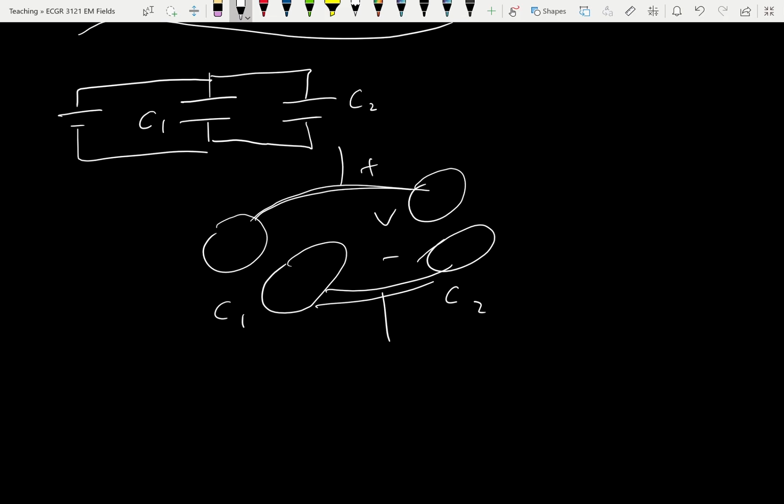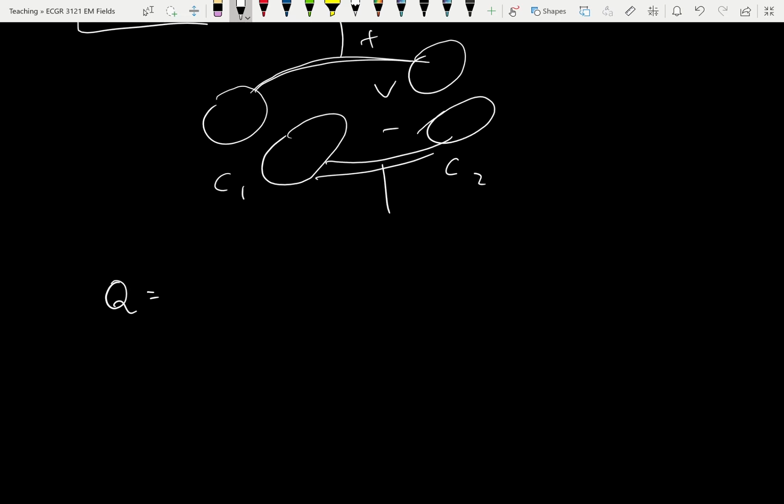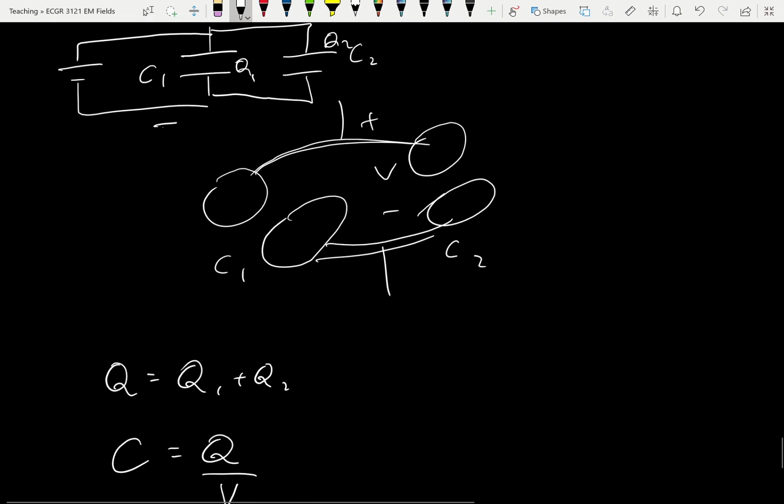The key is the charge. So this will have a Q1 and this will have Q2. The total charge is just the summation of both charges. So the equivalent capacitance is just the total charge over V. V is the same. When you have a parallel connection, V is going to be shared between the two structures.